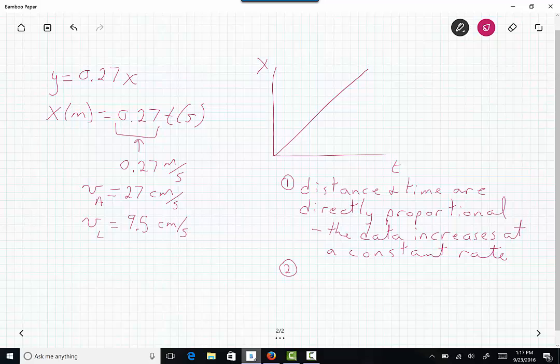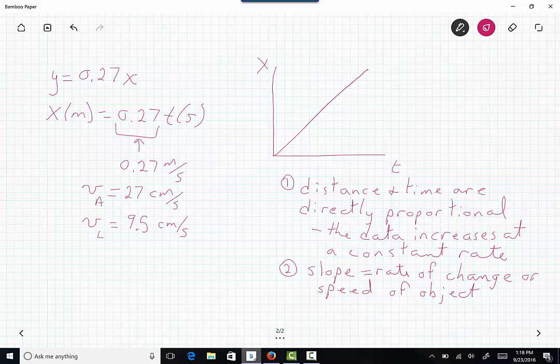As we've said over here now a few times, the slope represents the rate of change or the speed of the object. Rate of change or speed of the object.